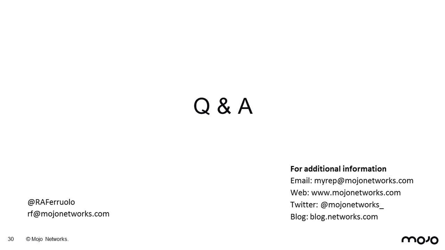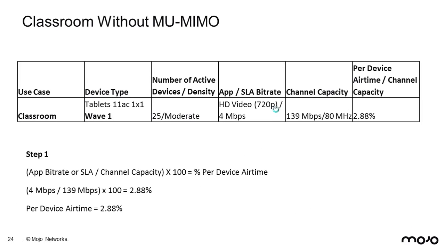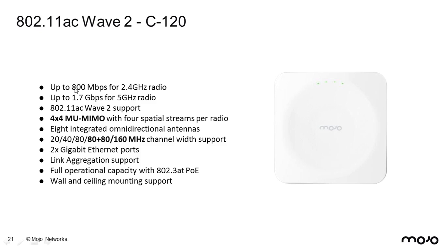Okay. Do you recommend running 2 Ethernet cables to a C120? Yeah, good question. Somebody may have done the math, and let me see if I can go back to this slide here. All right.